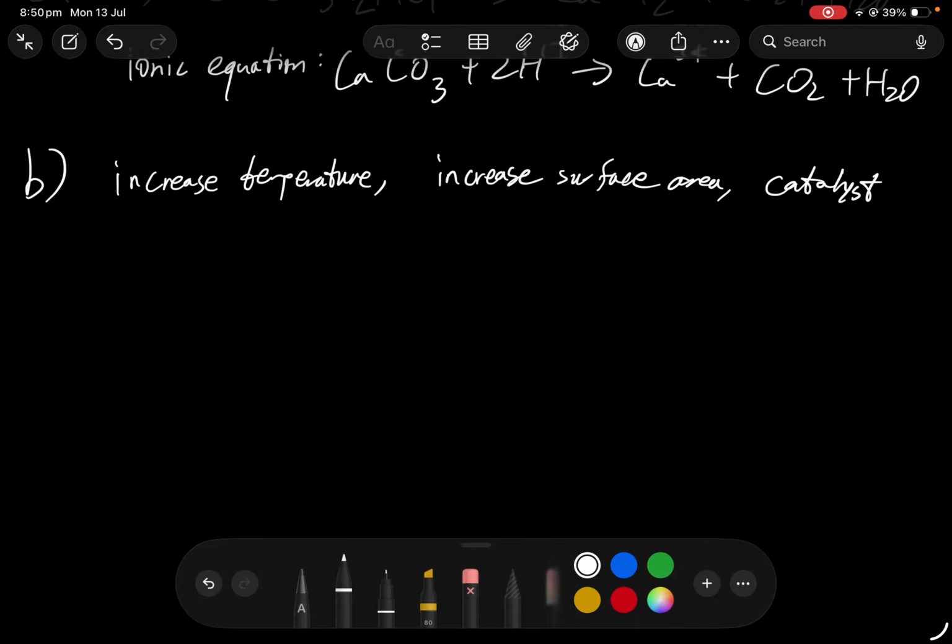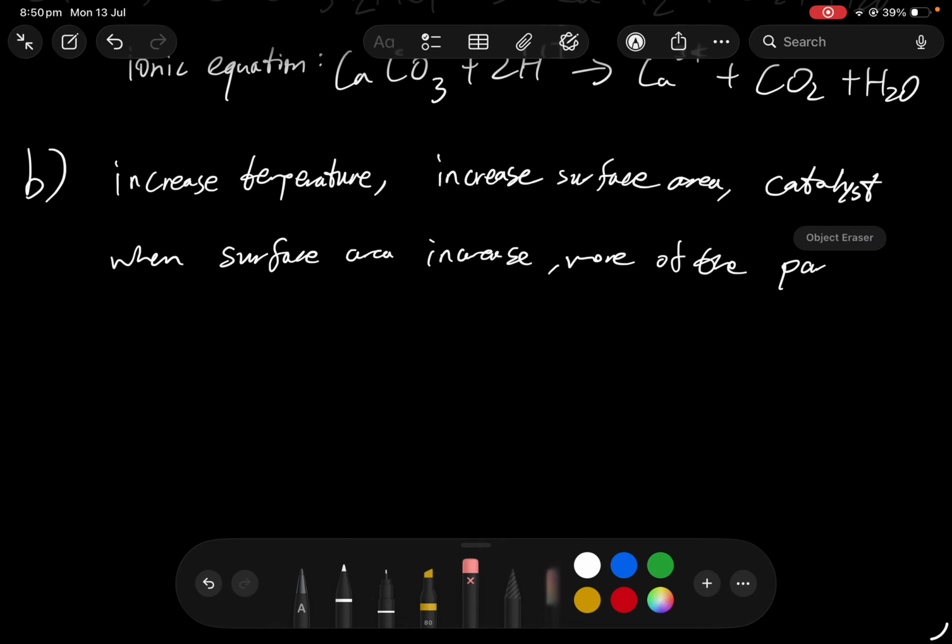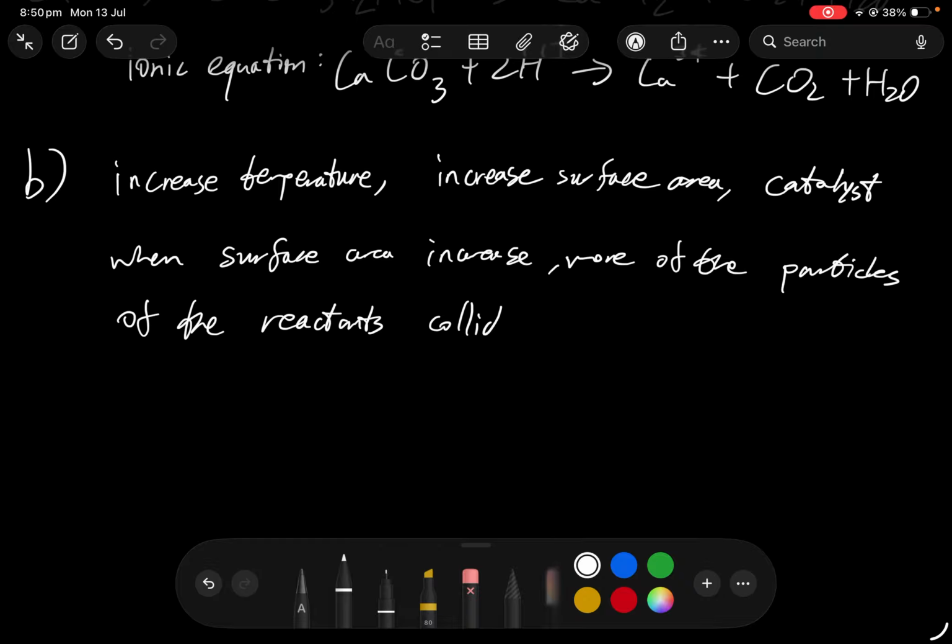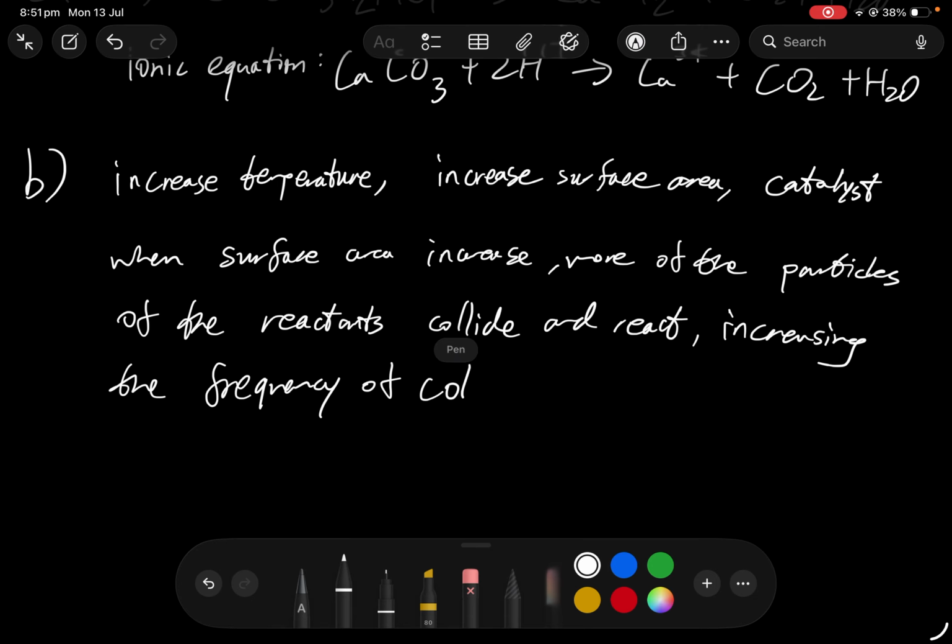And increased surface area is, when surface area increases, more of the particles of the reactants collide and react, increasing the frequency of collisions, increasing the rate of reaction.